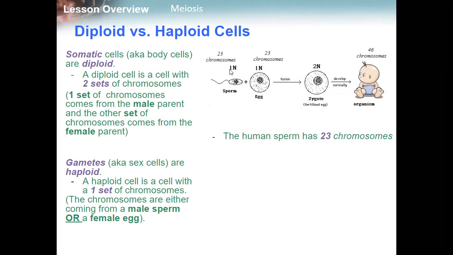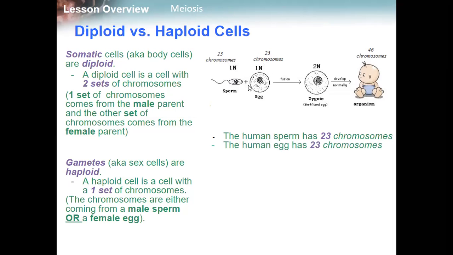He has 23. Within those 23 chromosomes, it has information about his hair, his skin color, his eye color, whether he has a disease or not, things like that. For human eggs, mom will only have her set of chromosomes. So she's also going to have 23, and those 23 chromosomes will have her information about her hair color, her eye color, and so on.